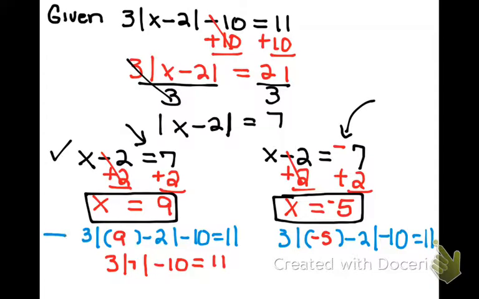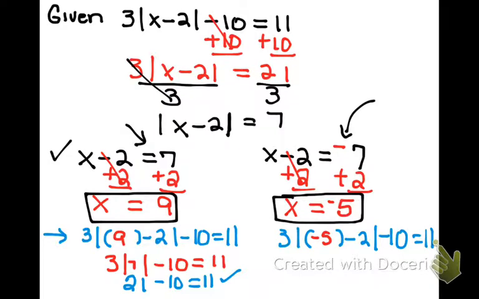Okay, so here we have the original form of the equation. We substituted in the 9. 9 minus 2 is the 7. 3 times 7 is 21 minus 10 equals 11. I kind of ran out of room, but 11 equals 11 is what it comes out to.